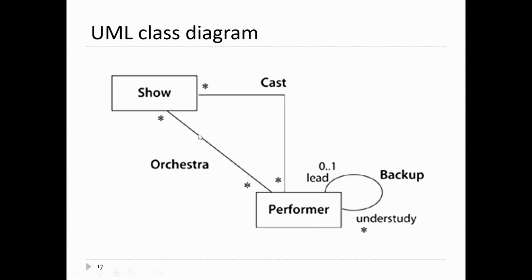Here's another example. If you read the notes, it tells you where this figure comes from. It's from a classic textbook in object-oriented programming. This is a UML class diagram where there's a class called Show and a class called Performer. Every show has one or more performers.